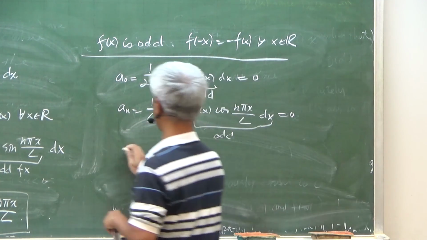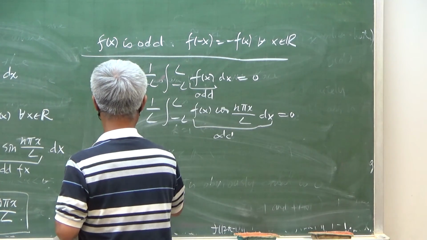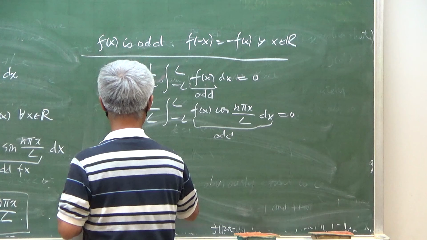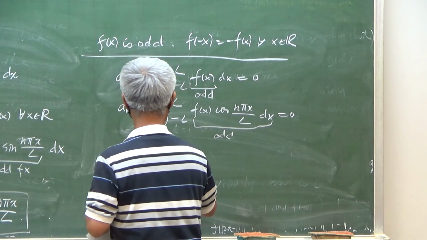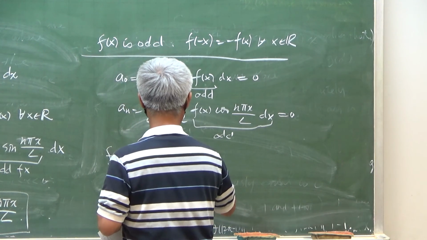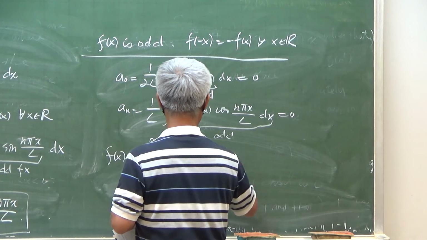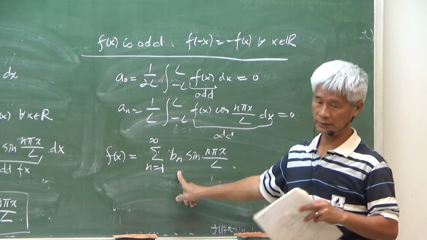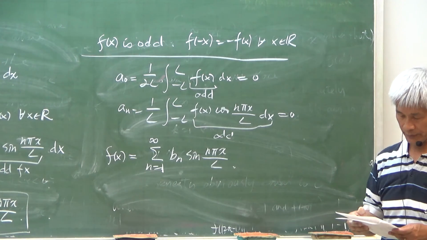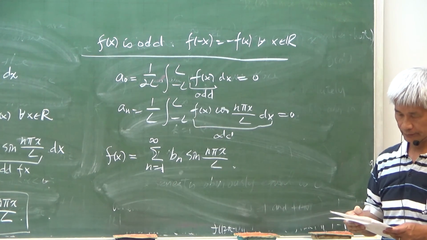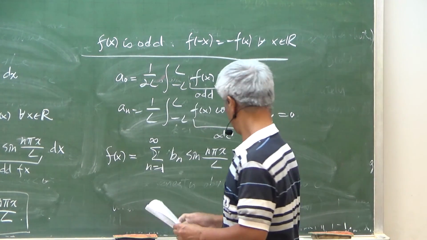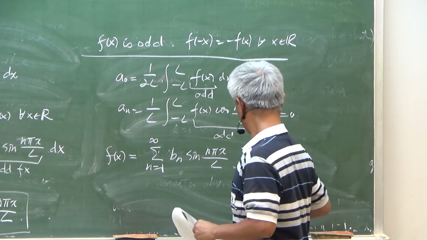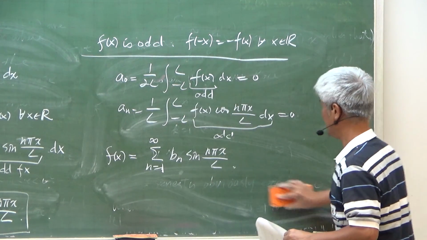In this case, f is equal to the summation from 1 to infinity of bn sine, so you have only sine terms. Okay, so I stop here.